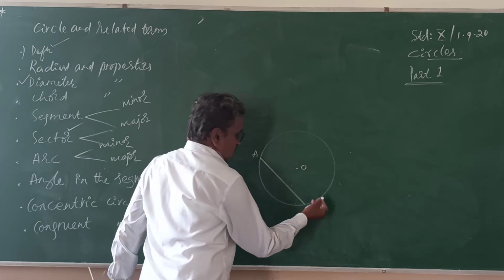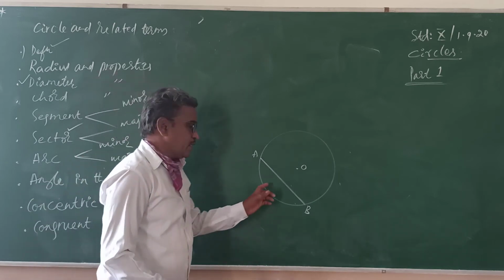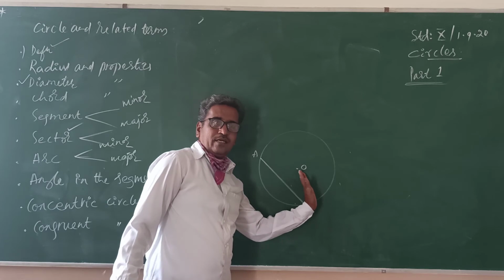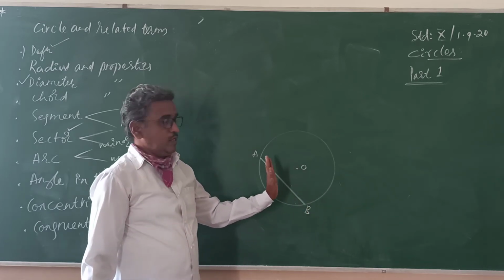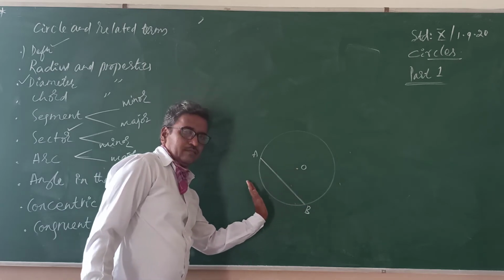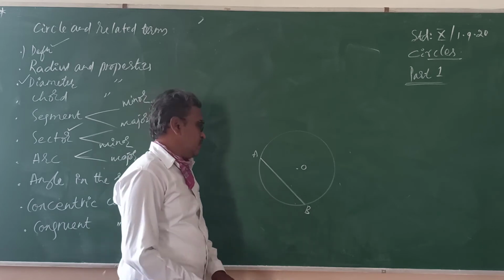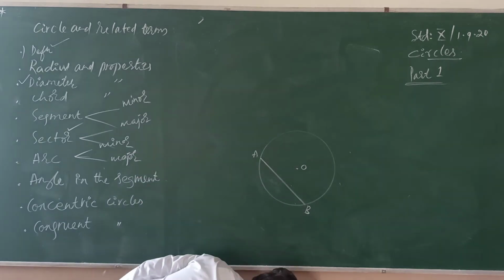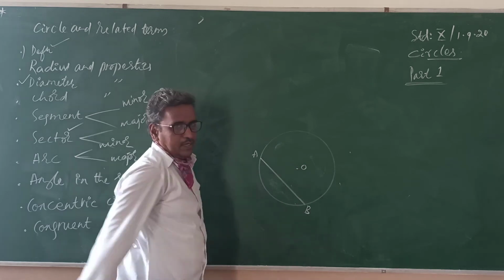AB is a chord. One more property about the chord: when a chord moves towards the center, it increases in length. When it is away from the center, it decreases in length. That is also a property. So this is the minor segment and this is the major segment.